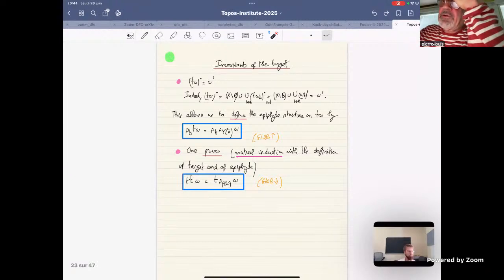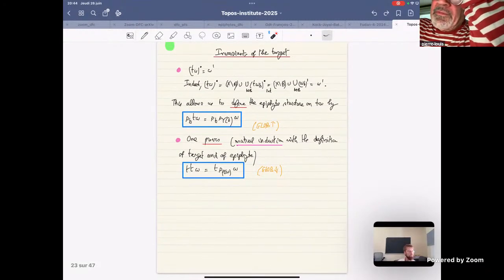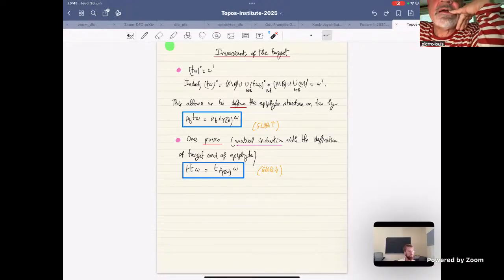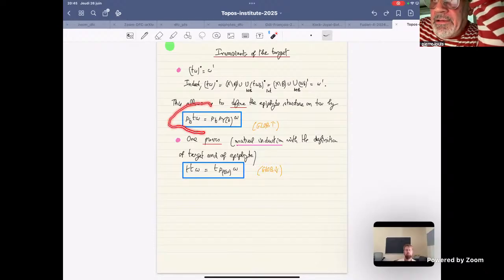Okay. So now let's complete the description of an opetope. An opetope has sources that are given by this equation. Okay. So this is by definition.